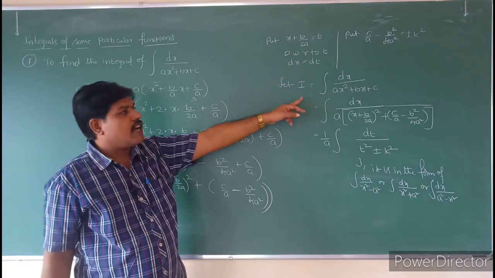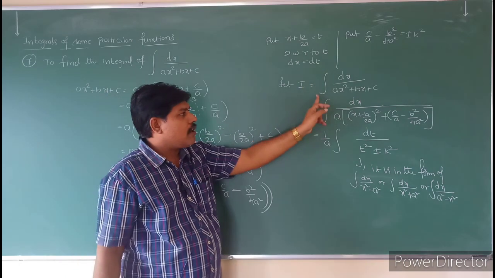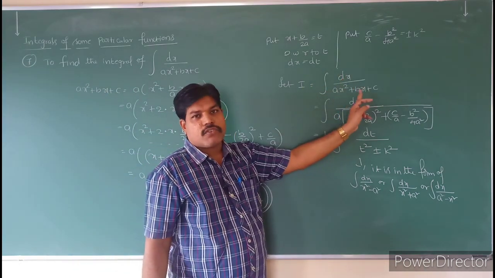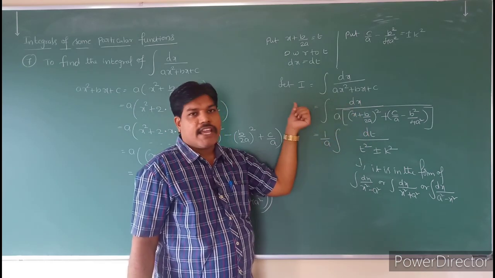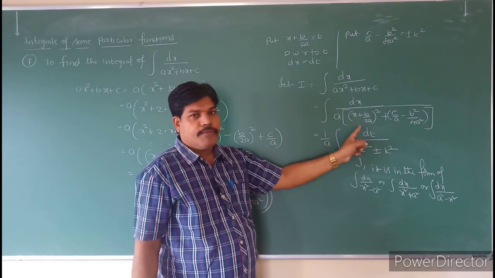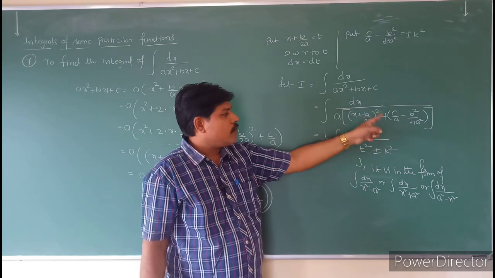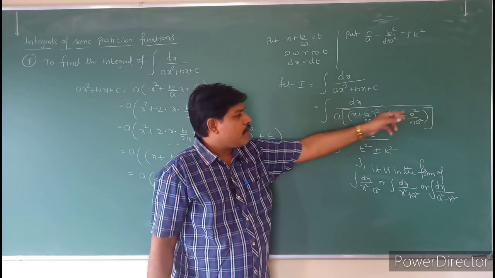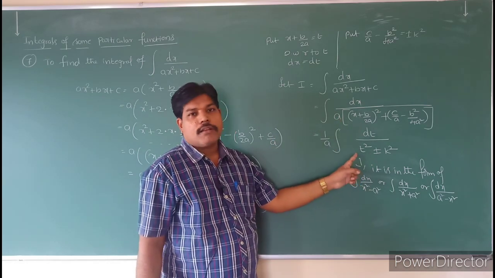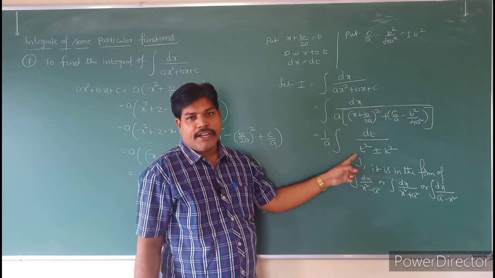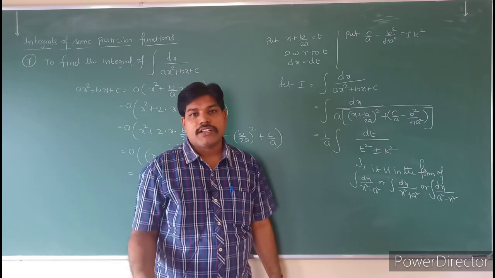So if you substitute in the given integration, I is equal to integral of dx by ax square plus bx plus c. If you take a common, it becomes dx by x plus b by 2a whole square plus c by a minus b square by 4a square. Take this a out, then automatically the problem is converted into the form of dt by t square plus or minus k square.